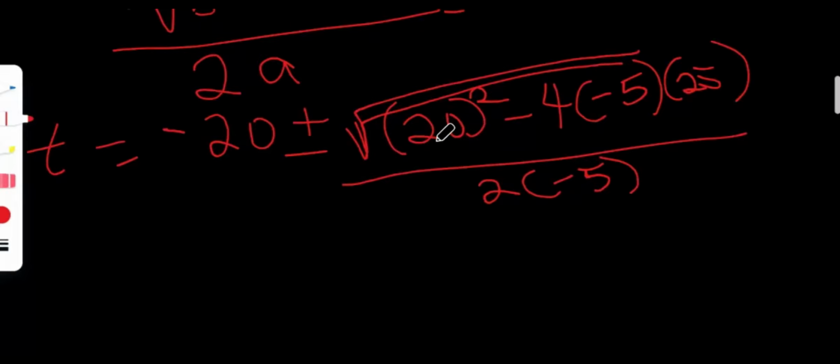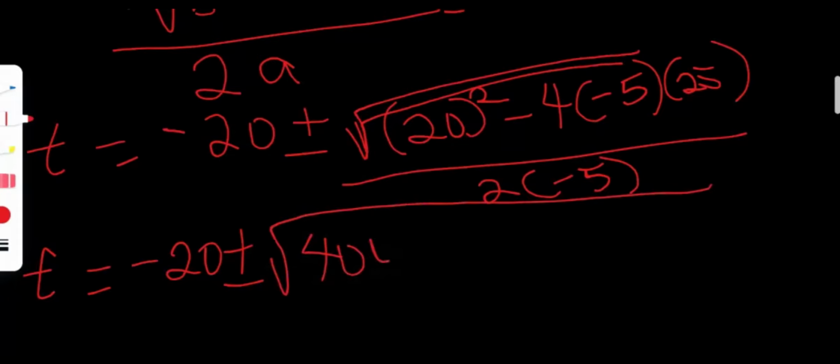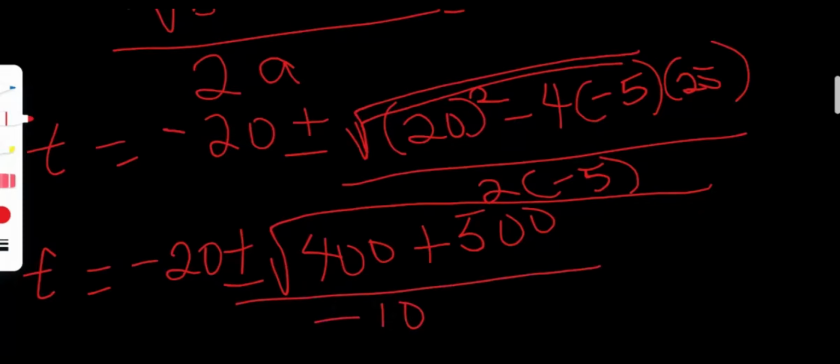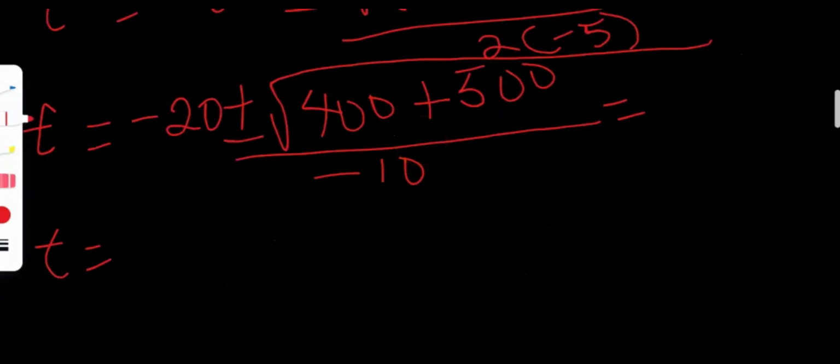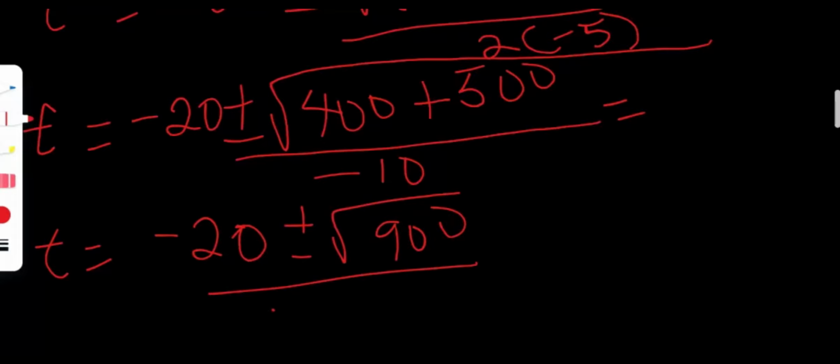Okay, so by the time we multiply this out, t, that is the time, would be -20 plus or minus the square root of 400 minus, when we do this together, it becomes plus 20 times 25, that is 500, all over -10, which will give us t equals -20 plus or minus, this 400 plus 500 is 900, over -10.